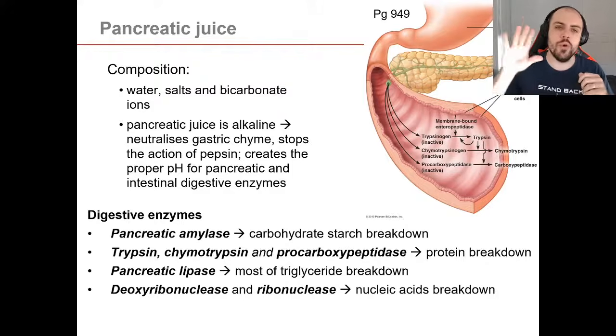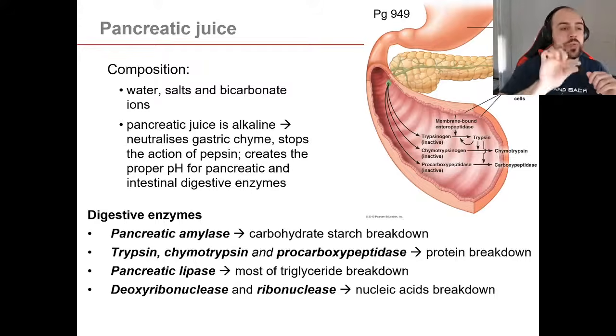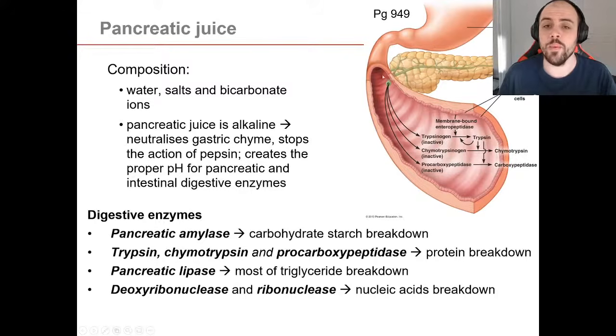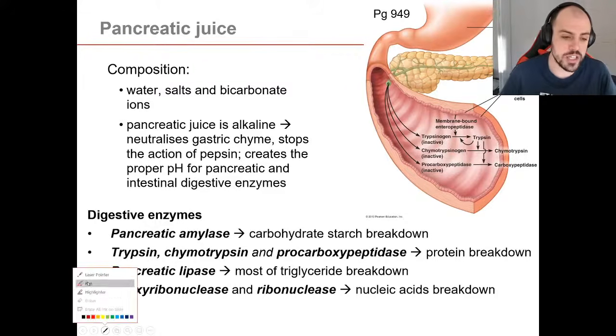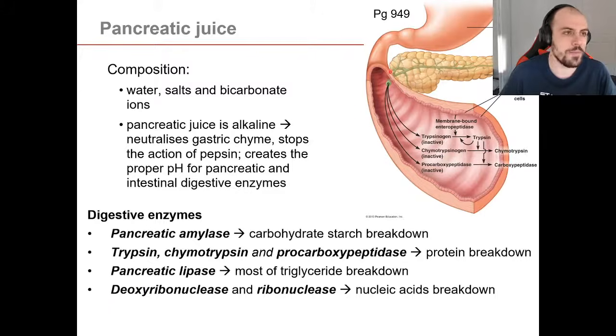From there, it will move from the stomach into the duodenum. And that's basically what we're looking at down here. Let me change to my little laser pointer. Here we go. Now, once we enter here, obviously a big problem is that the stomach is very, very acidic. So we need to neutralize those stomach acids.